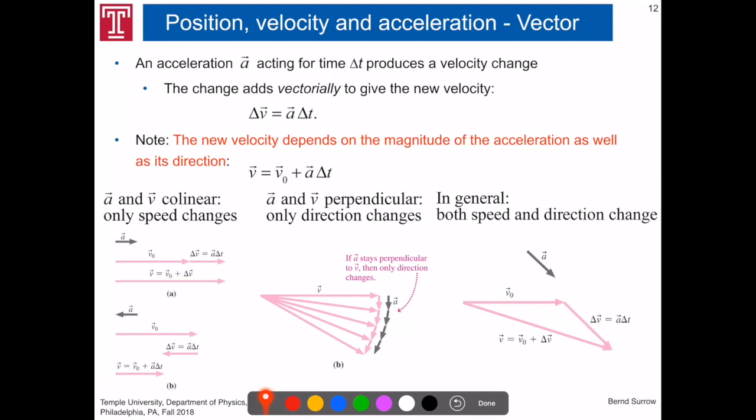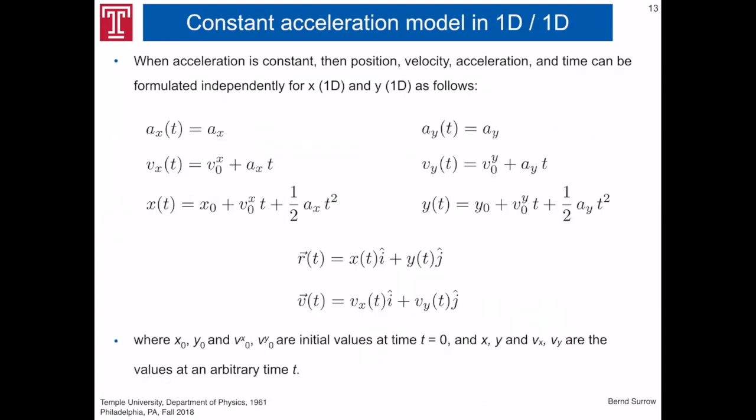So what I want you to take away from that is, in the case where the acceleration is in the same direction as v naught, either opposite direction or 180 degrees, so increasing or decreasing, this is the situation we encountered when dealing with one-dimensional motion. When the acceleration vector is perpendicular to that, we're coming to the case of uniform circular motion. But I will discuss this in the next lecture in more detail on Thursday.